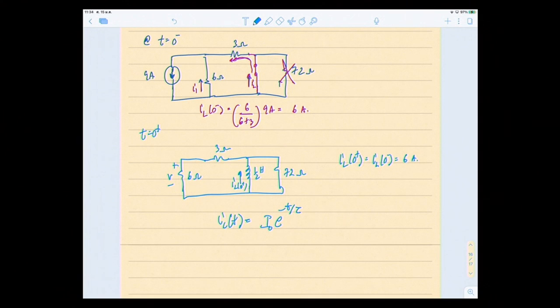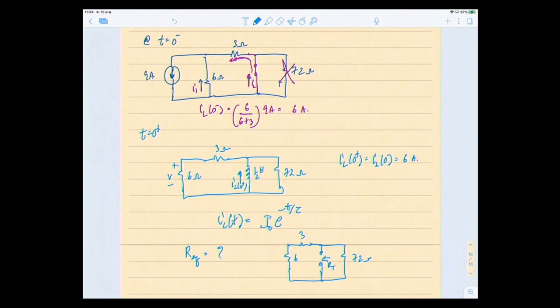So let's see, R over L. Your L is a half, right? Your R equivalent is equal to, well, you have to look, 6, 3, your L is here, and this is 72 ohms.